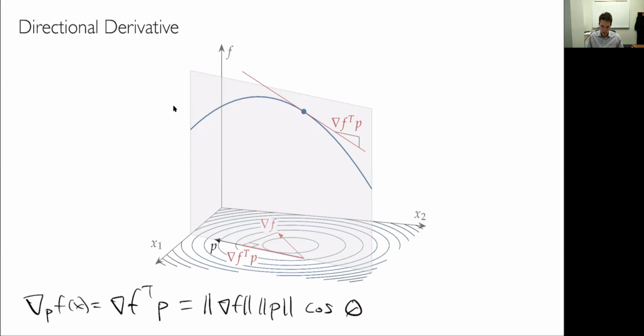When theta is 0, that means p is pointing in the direction of the gradient. So the biggest derivative, the biggest rate of change, is going to be in the direction of the gradient of f. We can see that just from this definition. Any other direction is not going to be as steep.